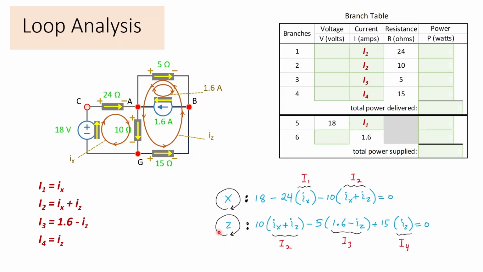That's our loop X. For loop Z, if we start at G and go up through the 10, that's minus to plus, plus 10 times I2, which was the Ix plus Iz. We go by the signs of the branch currents, plus to minus, so minus 5 times I3, which is 1.6 minus Iz, and then here minus to plus through the 15 ohms is a plus 15 times I4, which was Iz.